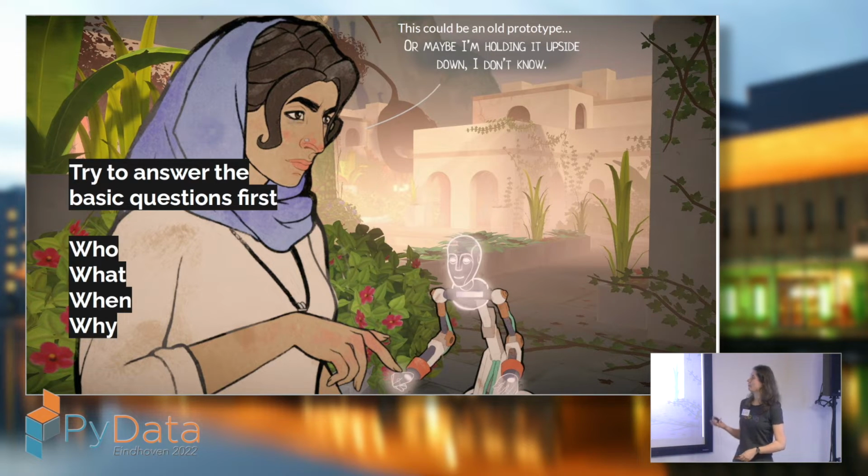And also what I really like is that the stuff we learned in high school about reading non-fiction texts is applicable to code. You just have to transform that knowledge and make it applicable to code. But it is the same. So in high school they teach you to try to answer the basic questions first. Who, what, when, and why.